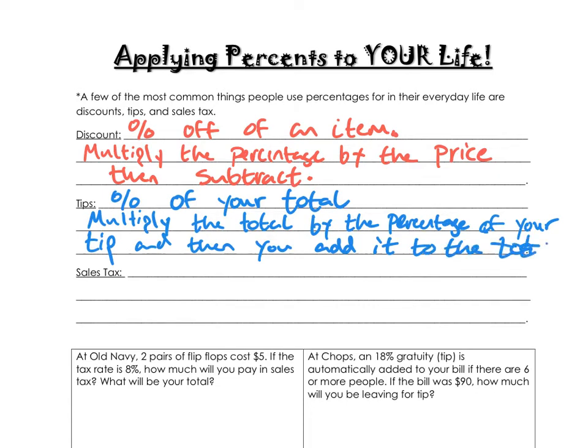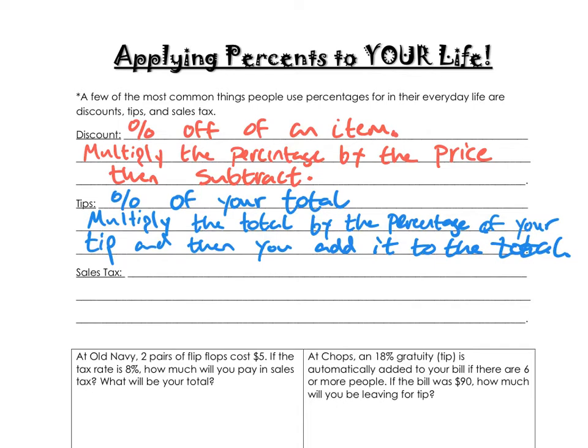Okay? So, what you should notice so far, when we had a discount, you subtracted. That's because it gave you a deal. When you are giving a tip, the tip means that you are adding on, you are paying more money because you're leaving something behind for somebody.